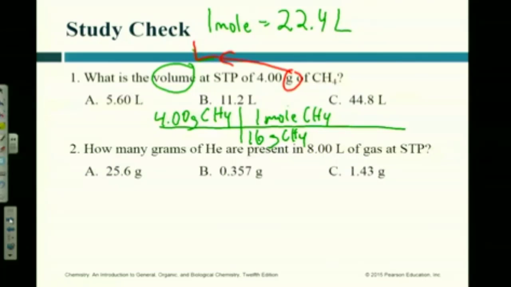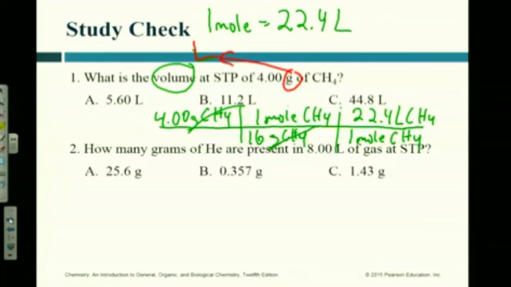Carbon's 12 and hydrogen's 1, and there's 4 hydrogens, right? So grams cancel. Now what do? 1 mole of methane, 22.4 liters of methane. Because it's at STP.